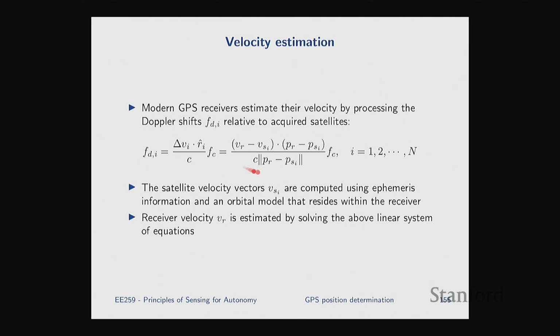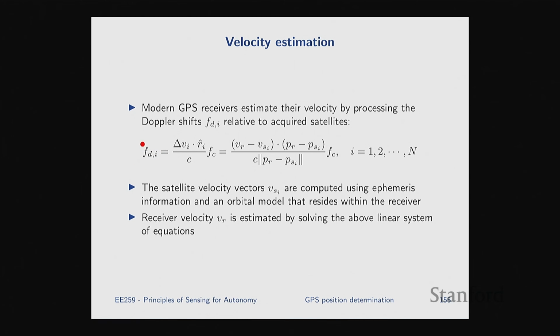Now, if you look at this expression here, everything except VR is known to the receiver, right? You have already solved your GPS equation, so you know your own position. PR is known. PSi is the satellite position, which is known from the ephemeris, right? Denominator, same thing. Speed of light is known. PR, PS are known. FC, that's the carrier frequency, is known, right? The Doppler shift is known.